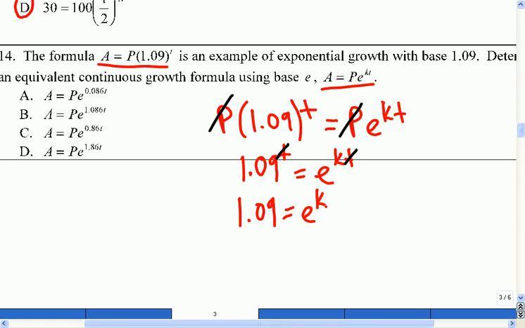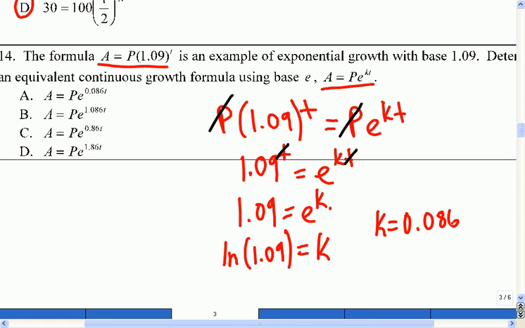So I want to find this exponent. In order to find that exponent, the log base e, or the natural log, of 1.09 equals k. I believe that makes k equal to 0.086. So if I wanted to do it in the other form, it should be A.